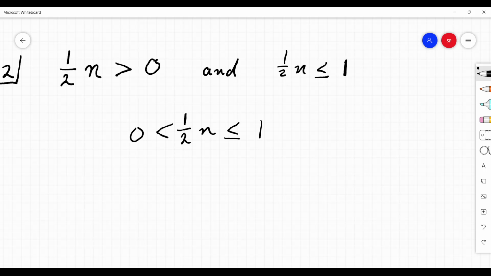So to solve this, what would I do now? Divide everything by 2. Multiply it by 2. Yeah, which is dividing by a half, right? So 0 is less than n is less than or equal to 2.